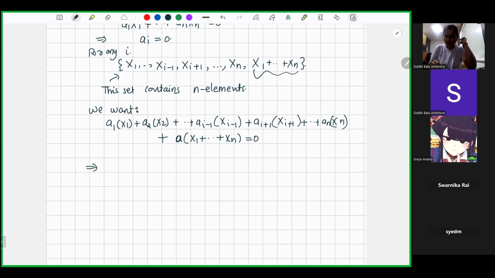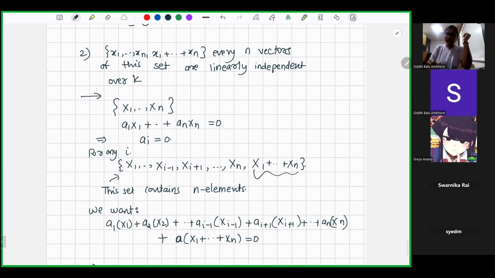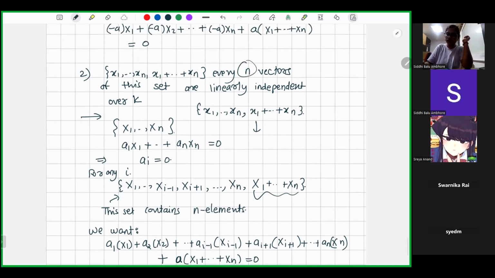Ma'am, can you explain the indexing again? Yes. My original set is x1 to xn and x1 plus ... plus xn. I want to talk about n of these. This set contains n plus 1 elements, x1 to xn and this last element.